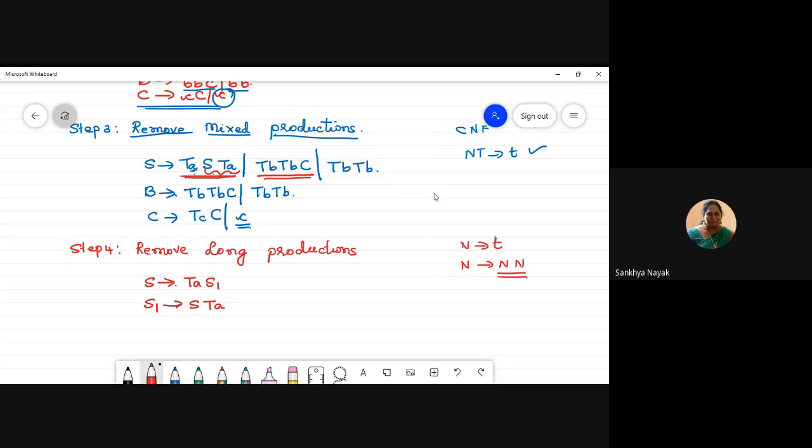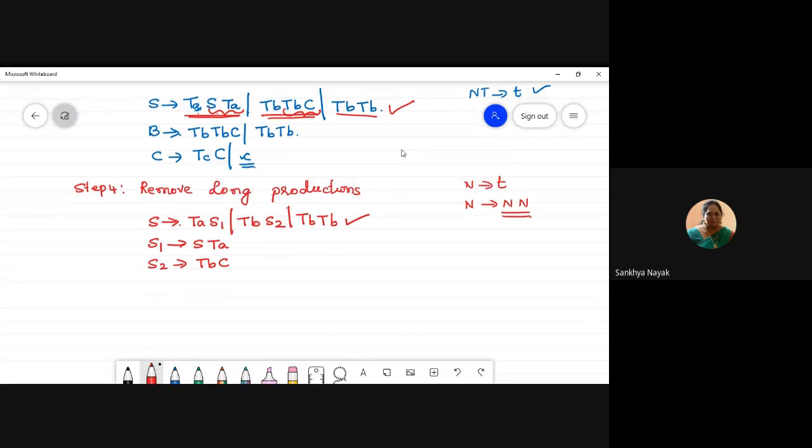Again it has three symbols, so I will write TB S2, and S2 will be this portion. S2 is equal to TB and C. This has only two non-terminals, so I am not going to disturb that. It will remain as it is. So we have handled this S.